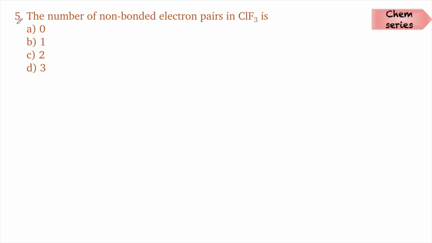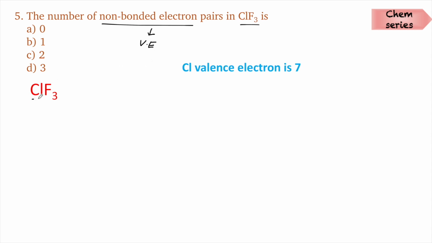So coming to fifth question, the number of non-bonded electron pairs in ClF3. Non-bonded electron pairs, what do they mean? They mean the valence electrons that do not get involved in bond formation. So here chlorine will be your central atom and its valence electron is 7.